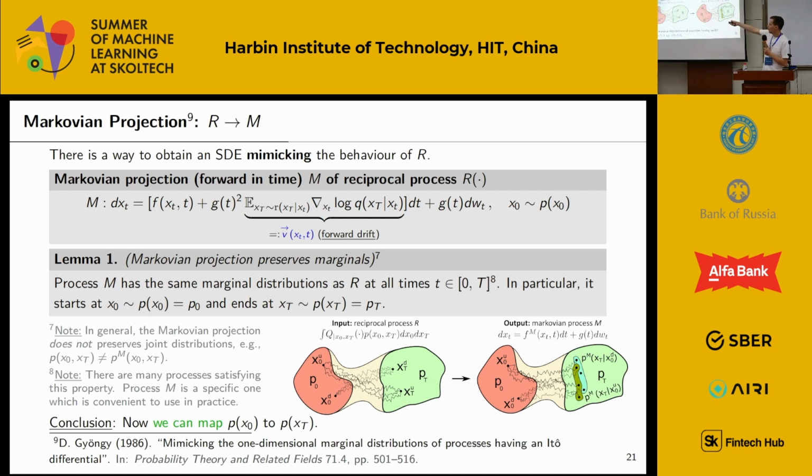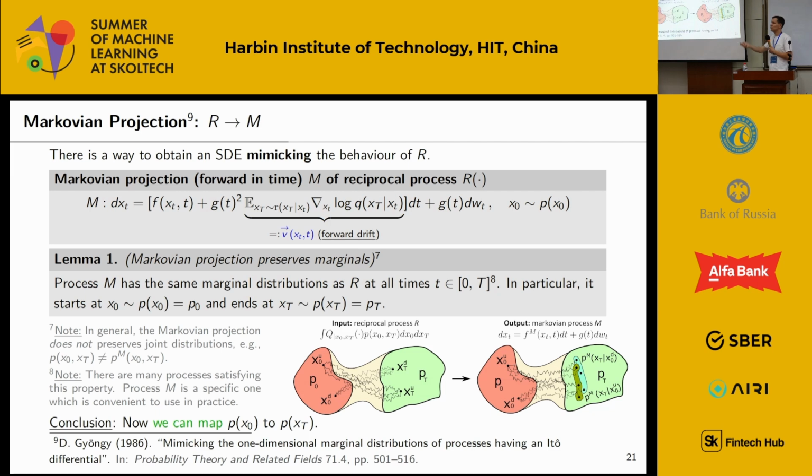Then we turn this process into a particular process which is described by a stochastic differential equation, and this process is Markovian, and it satisfies the property that all the marginal distributions of this process are the same as the marginal distributions in the original reciprocal process which we used to construct it.